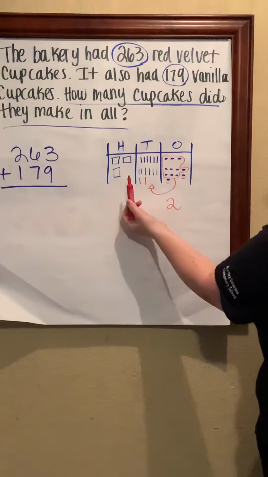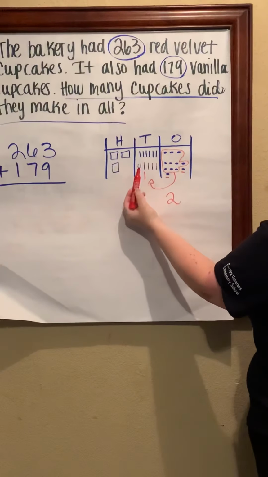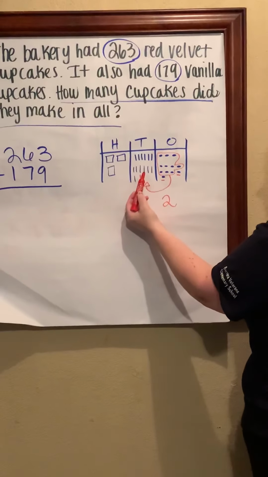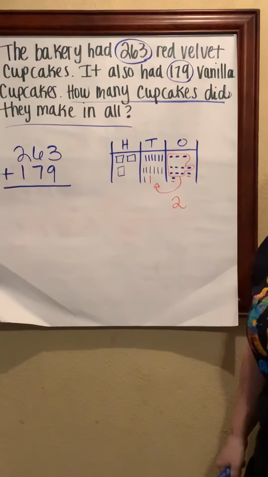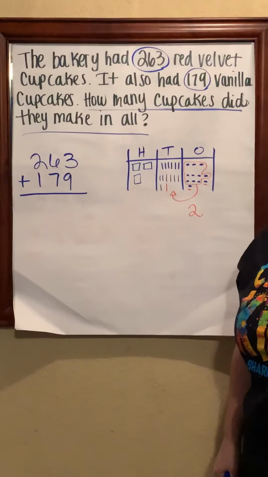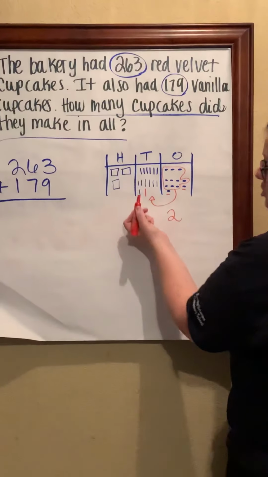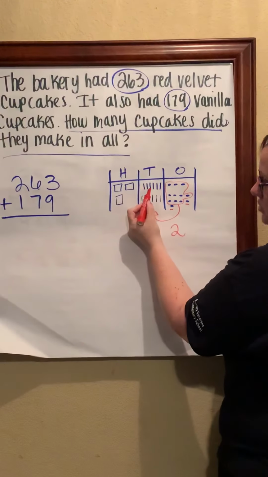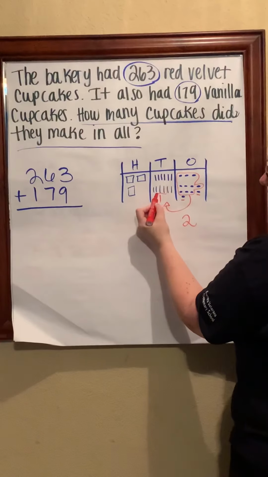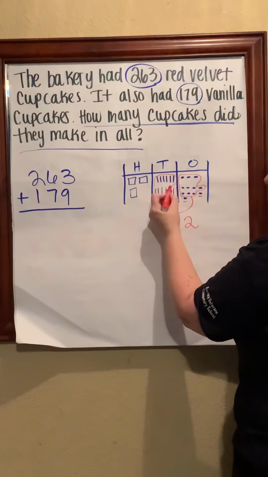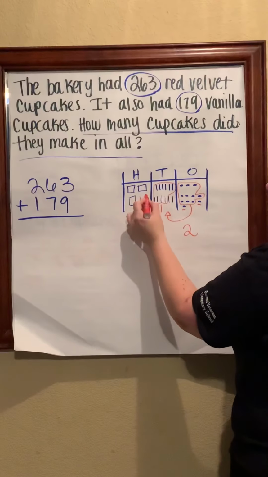Okay, now I count my tens. 1, 2, 3, 4, 5, 6, 7, 8, 9, 10, 11, 12, 13, 14. And I automatically know again, I have too many in the tens place value. So what I need to do is grab 10. 10 tens is the same as 100.